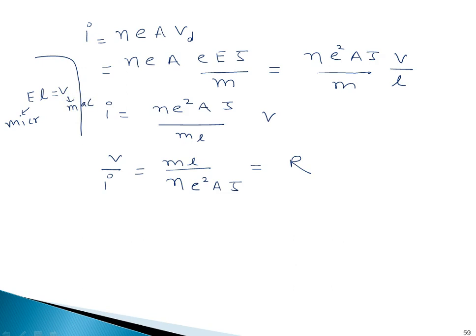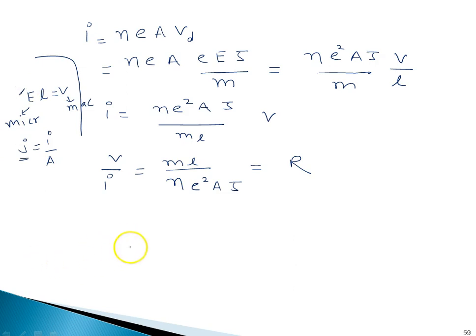Similarly, all of you know the relation that current density is current per unit area. So current is macroscopic, and current density is microscopic.